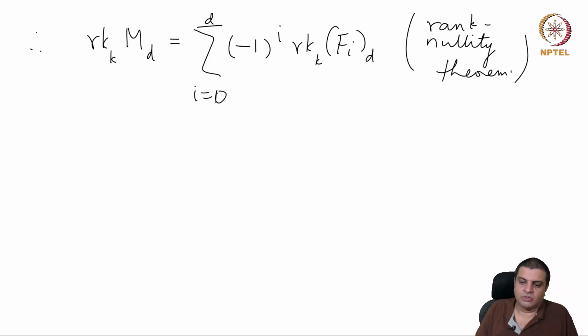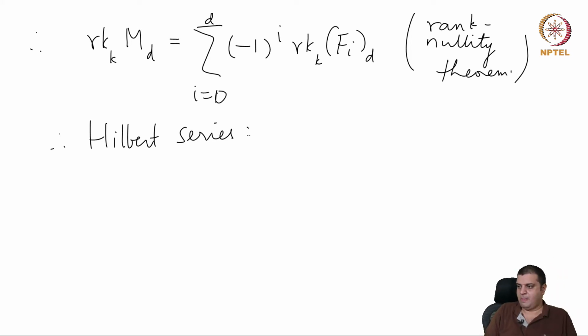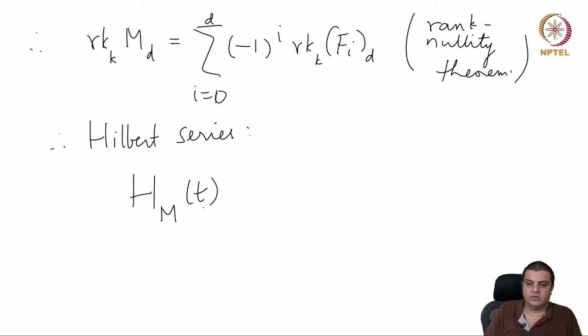So we get this. Now we can multiply by powers of a dummy variable t and sum up to construct the Hilbert series. It gives us H_M(t). We are multiplying this by t to the d and then summing up.